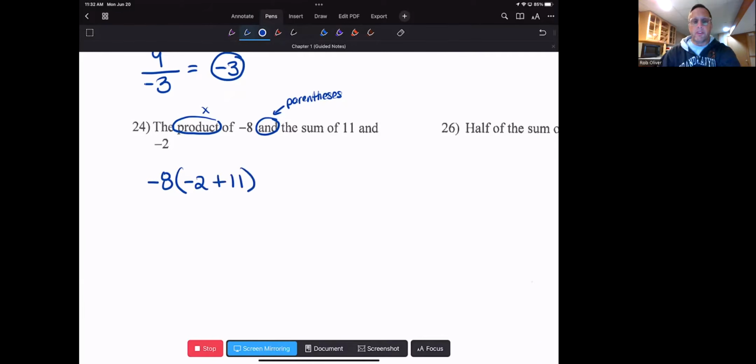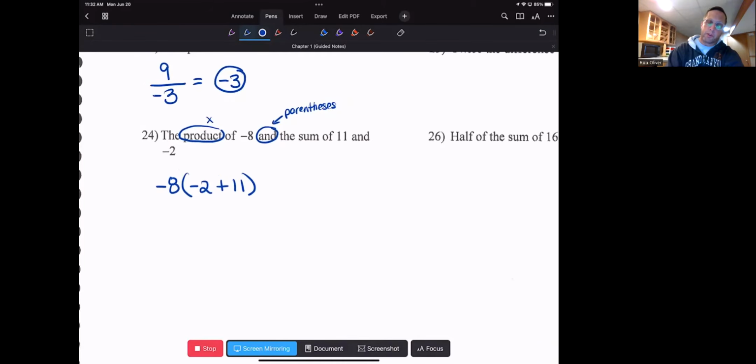You can do 11 plus -2 as well in parentheses, but order doesn't matter when you're adding. Now let's work this out. -2 and 11 makes 9. So now it's a new problem. -8 times 9, and -8 times 9 is -72.